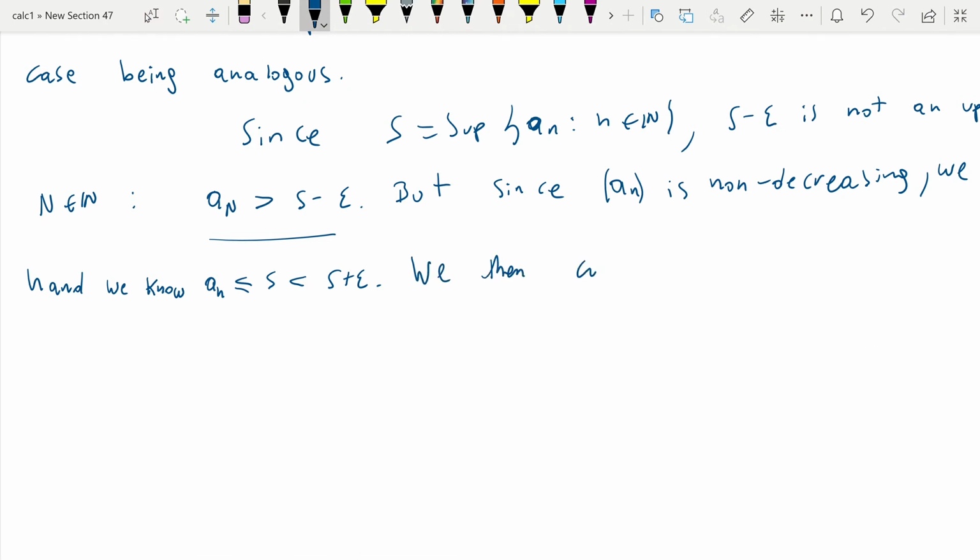We then conclude that a_n is greater than, of course, s minus epsilon, so that means that minus epsilon is less than a_n minus s, which is less than epsilon, by looking at this inequality here. So a_n is less than s plus epsilon. So you subtract epsilon here on this side and on this side, then you get this first inequality.